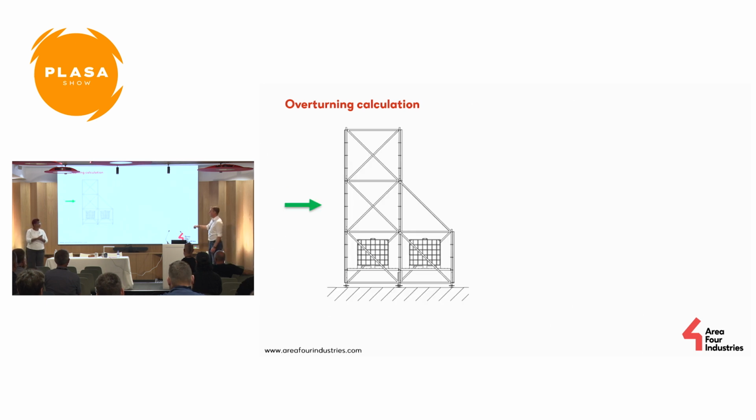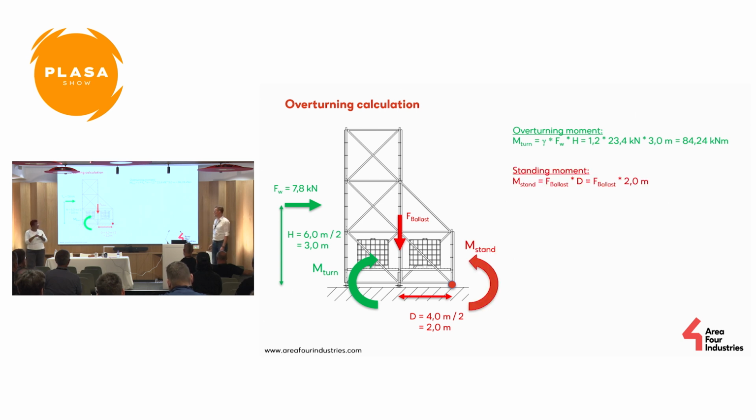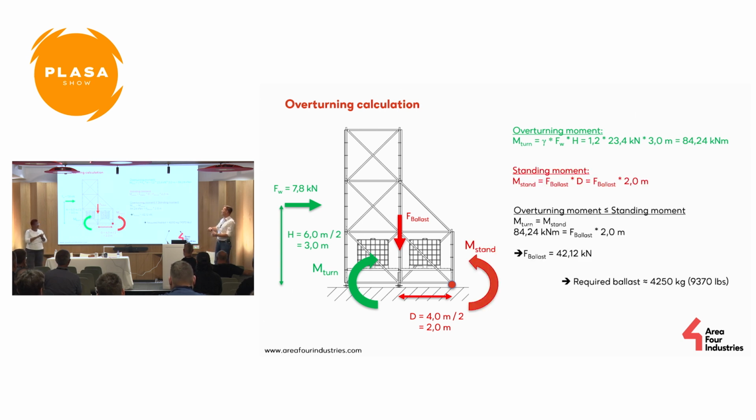That means the force which is acting is still the same, the overturning moment is still the same, but the depth is different. That means for the standing moment, we don't have only 1 meter acting beneficial, but in this case 2 meters. So the 8.5 tons can be reduced to half of it. That means 4.25 tons. Double the depth is 50% ballast.